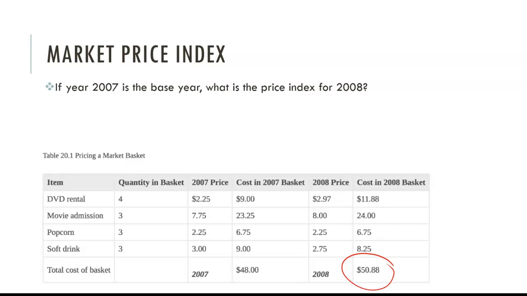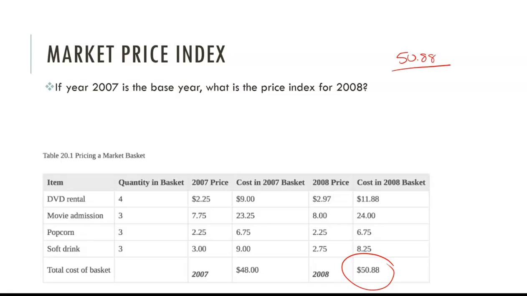And a certain quantity is selected based on what is considered typical consumption. So the basket in 2007 is the quantity of DVDs times the price of DVDs, plus the quantity of movies times the price of movies, plus the quantity of popcorn times the price of popcorn, plus the quantity of soft drinks times the price of soft drinks. So we get $50.88 in 2008.